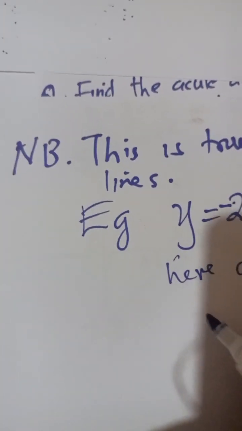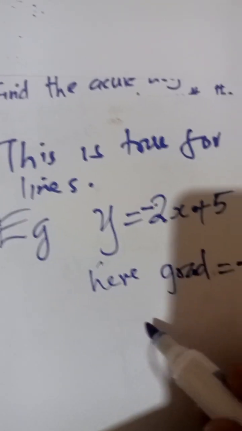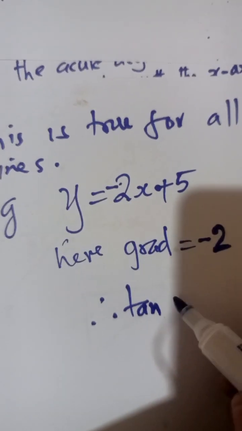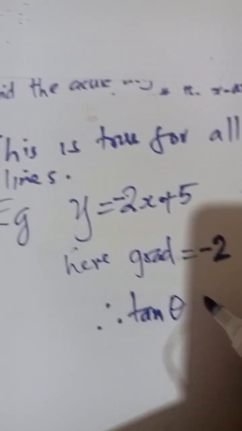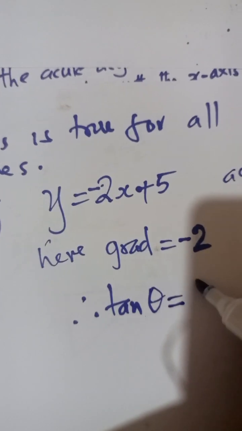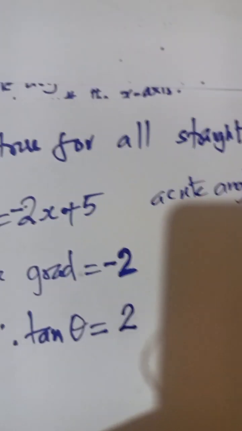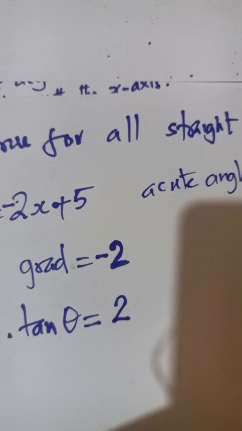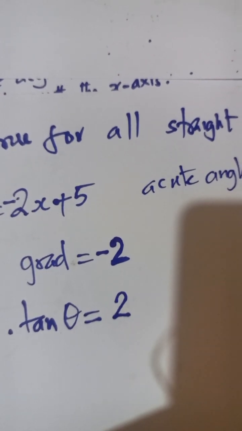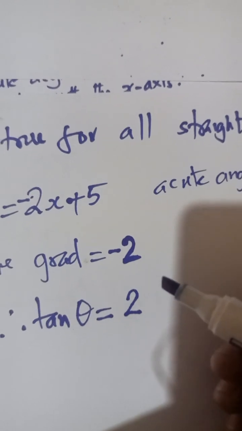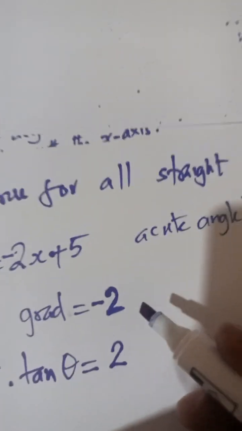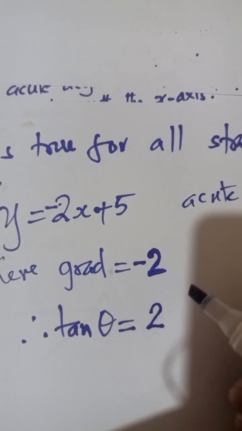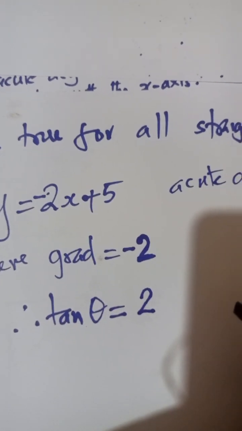So what does that mean? If you are to look for the angle, I want you to pay attention here. If you choose to call that angle theta, tan theta will take 2. Can you tell why we are taking 2 and not negative 2? Now you may have learned, or you are yet to learn, that for acute angles, that is angles between 0 and 90 degrees, all their trigonometric ratios are positive.